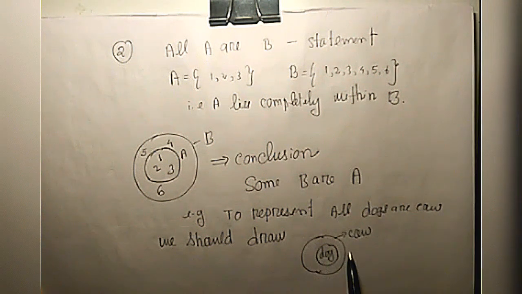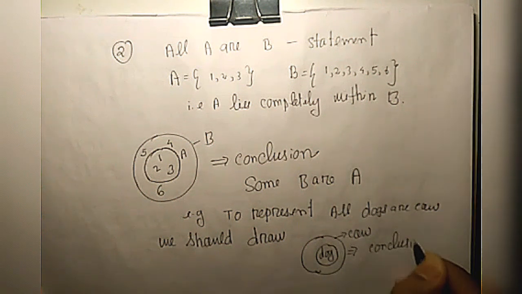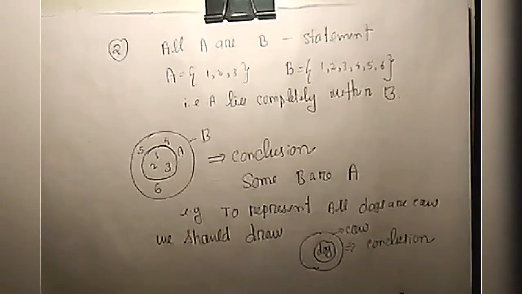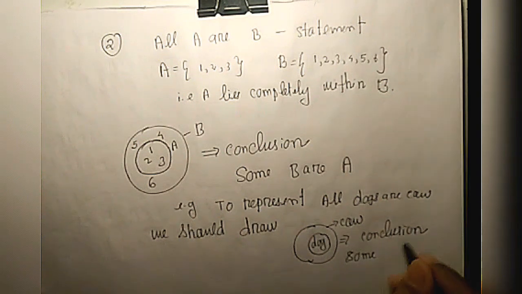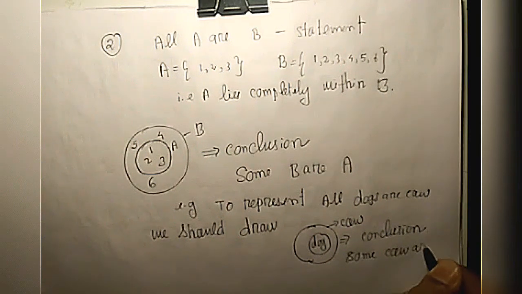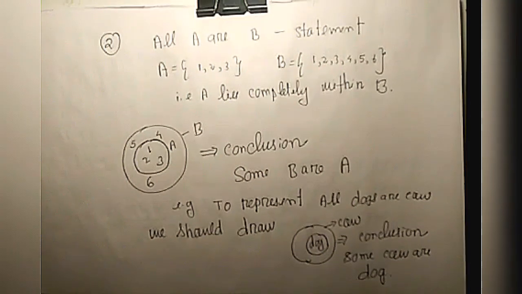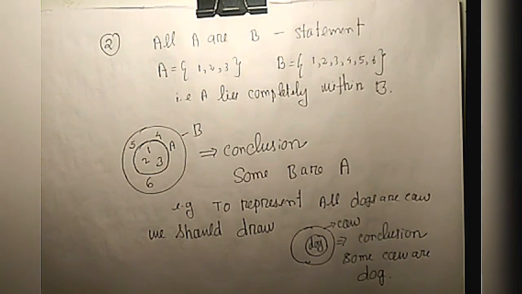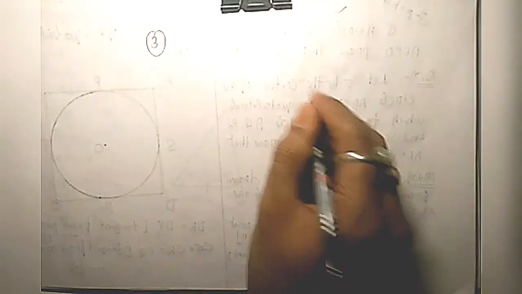All dogs are cow. That means the circle representing dog must lie within the circle representing cow. So this is the statement. What is the conclusion? Some cows are dog.